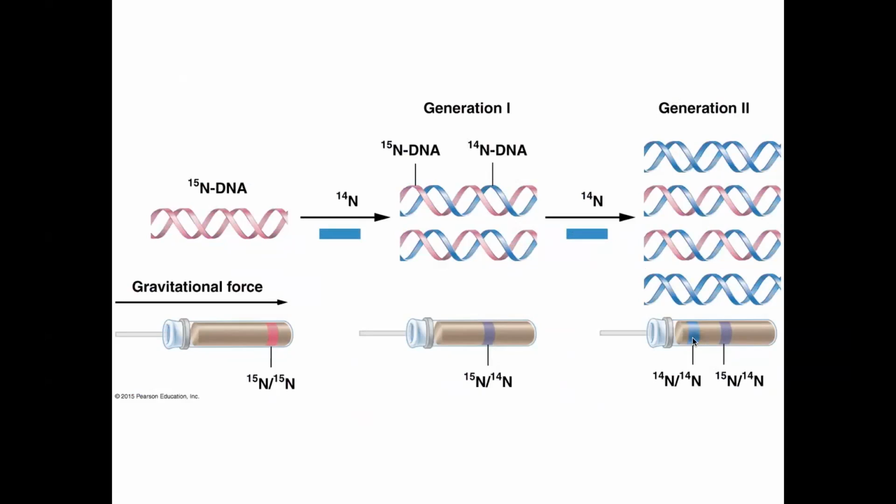I mean, just because DNA replicates semi-conservatively in E. coli, it doesn't mean it's universal. So this experiment was performed and reported in the mid to late 1950s. There were other laboratories that were looking at other organisms as well, and ultimately from those experiments, they drew the same conclusion.